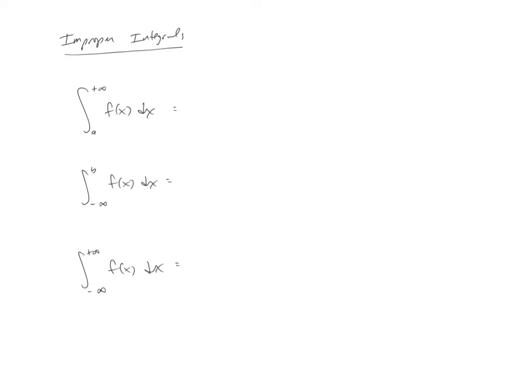To compensate for that and to make things mathematically clear, we introduce the limit notation. For our first one, we've got the integral from a to positive infinity of our function dx. We're going to translate this into a limit as t approaches positive infinity of the integral from a to t of f of x dx.